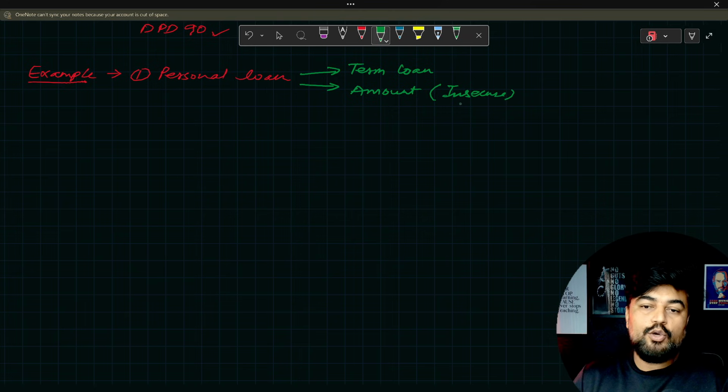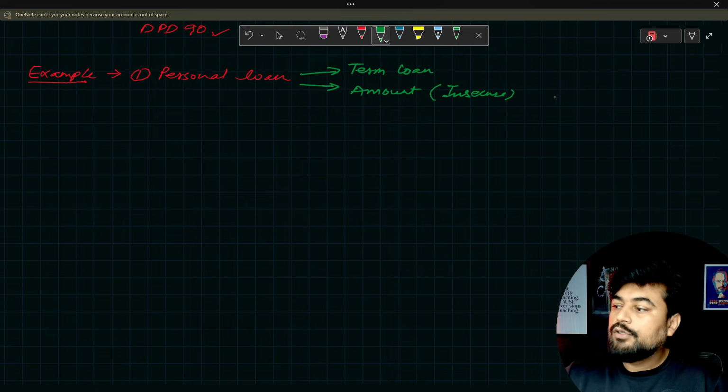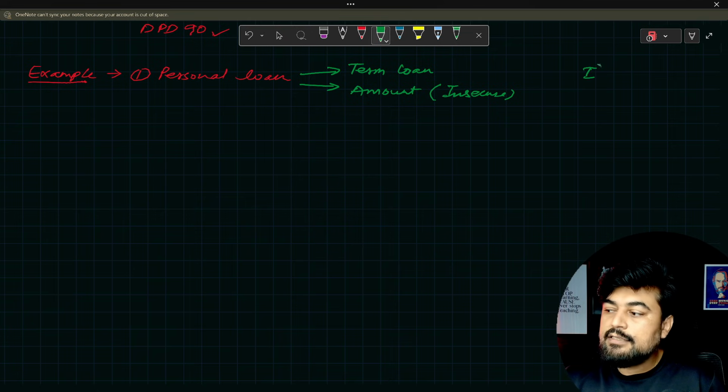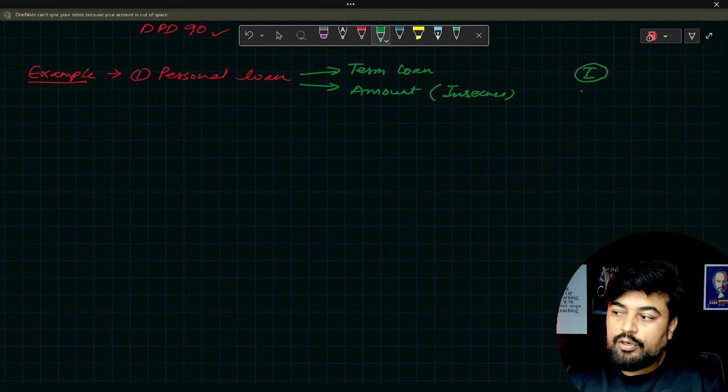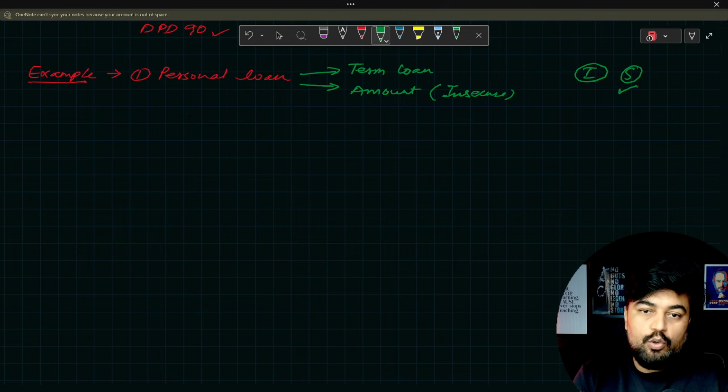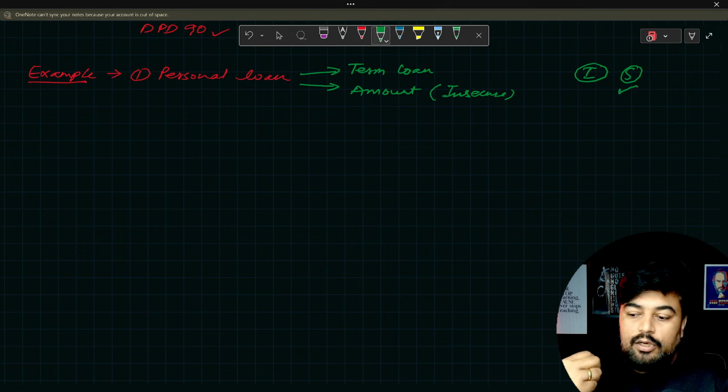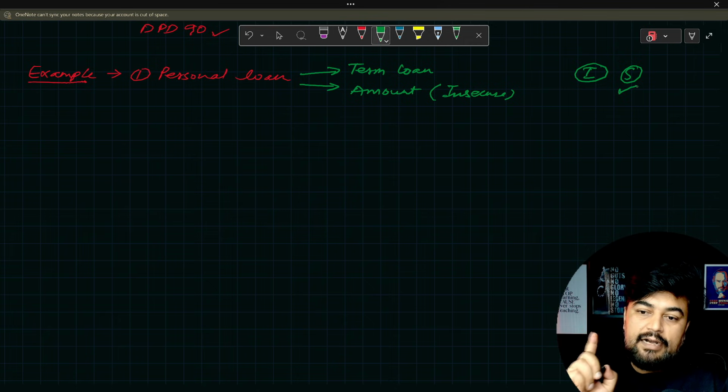Now what are secure and insecure products? Insecure products are the products which do not have any collateral. Secure products are the products which have a collateral attached, let's say a house loan. If you are not able to pay the loan, the bank will sell your house, so that is a secure product.